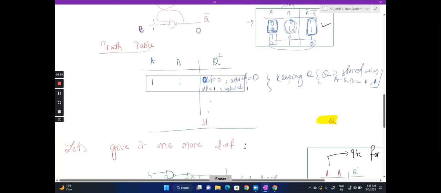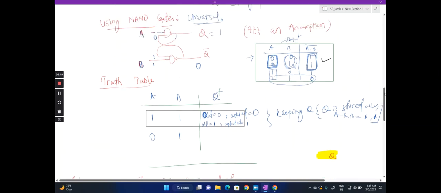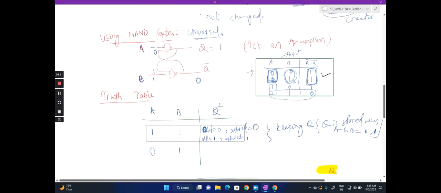So similarly, when A is 0 and B is 1, for A 0, B 1, I need to clean this. If A is 0, one input is 0, that means Q will be 1.